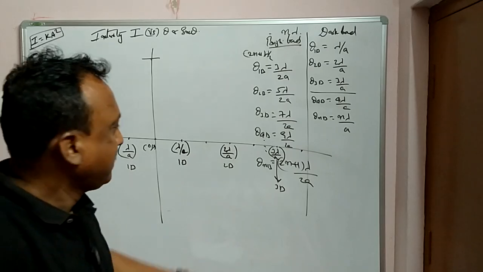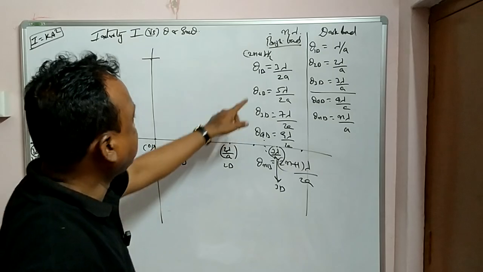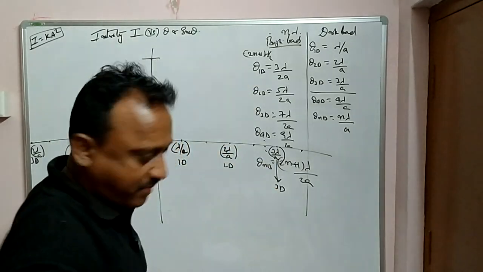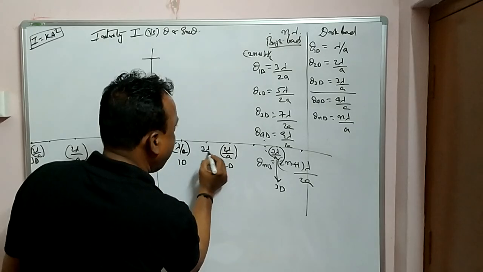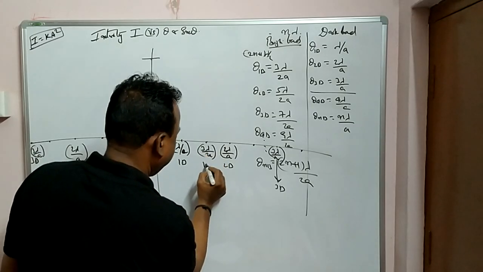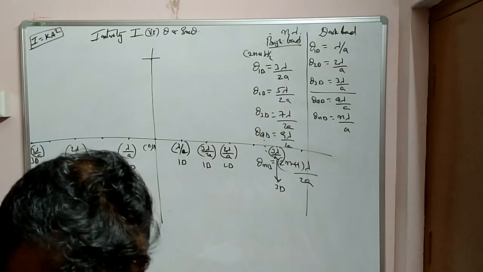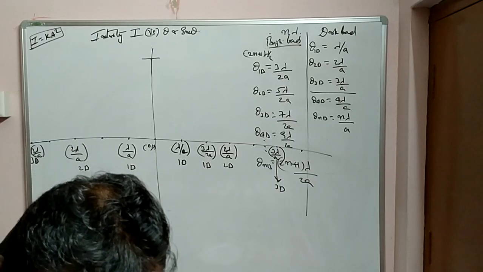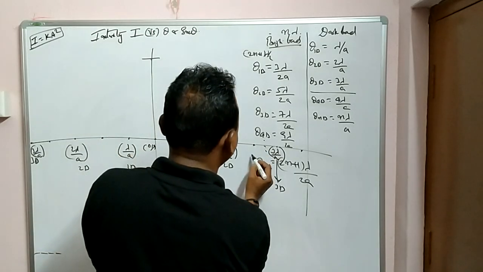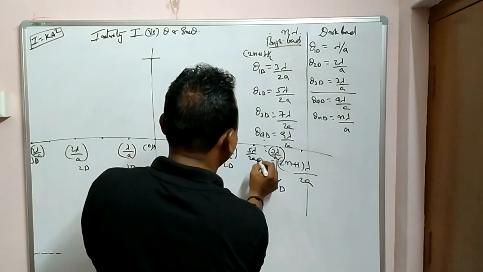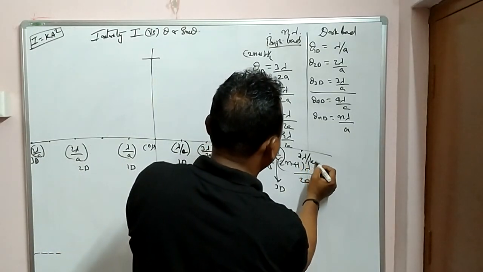Now if you observe, between the darks you are having a bright band. See where the bright forms: first bright at 3 lambda by 2a. Likewise the next one, second bright, is 5 lambda by 2a, and the third, if you want, is 7 lambda by 2a.